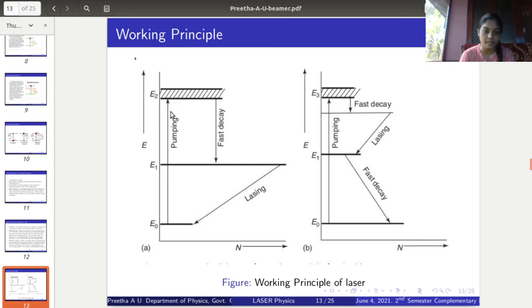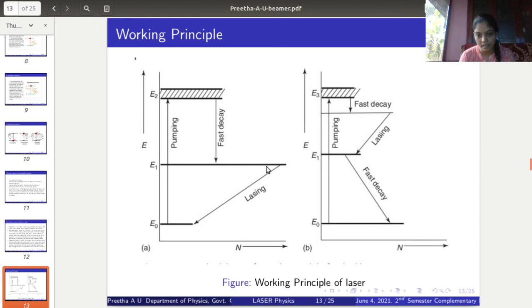The atoms get excited to the excited energy state by absorbing some energy. Here you can see a term, pumping, which I will explain soon. By the pumping mechanism, the electrons get excited to this excited state, and since the lifetime is very short here, they de-excite by fast decay to this energy level, which is the metastable state.